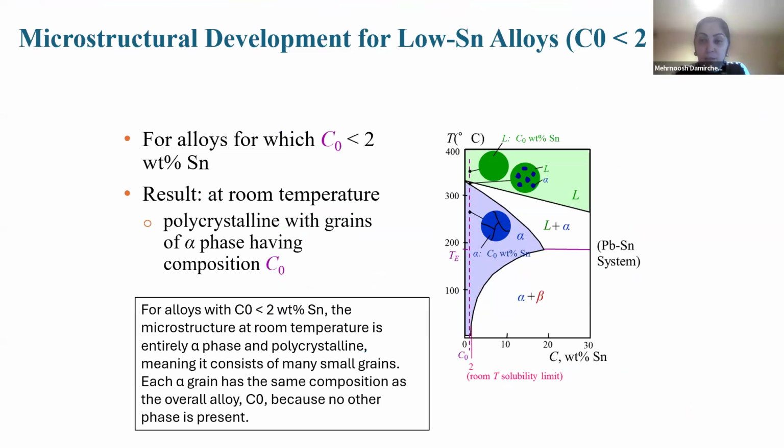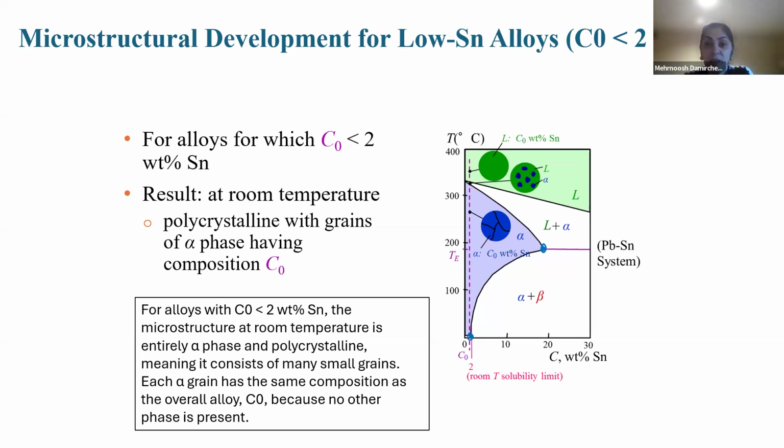Microstructure development for low Sn alloy. What's the meaning? If you look at the alpha region, the minimum composition in weight percent is 2% here, and the maximum for only alpha should be 18 point something.